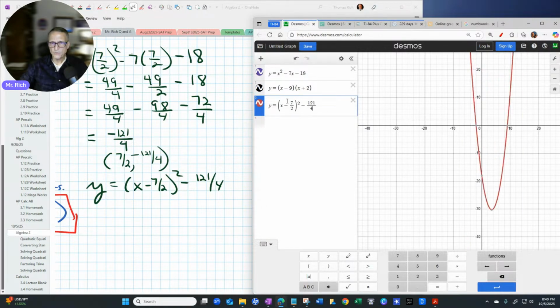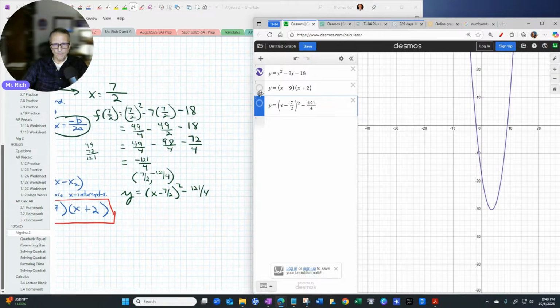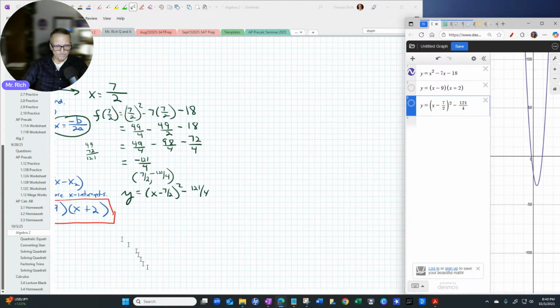Yes, it does work. So you can see that although that is kind of an ugly form of the equation with those two fractions there, it does indeed overlay perfectly on top of the other functions. So if we turn the purple one on and turn the red off, we can see those are all three equations representing the very same parabola.